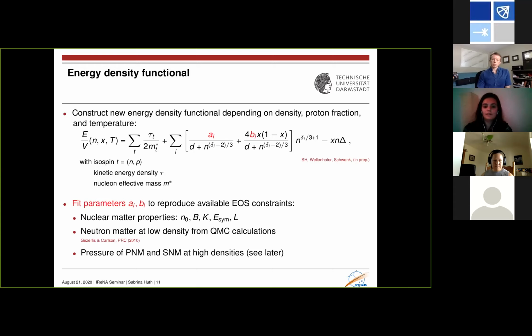And if we do this, then we get an equation of state functional that can span the whole uncertainty we have from nuclear physics as well as observations. So in order to do this, we of course have to first discuss the constraints that we actually use for these nuclear matter properties and also for the pressure at high densities.